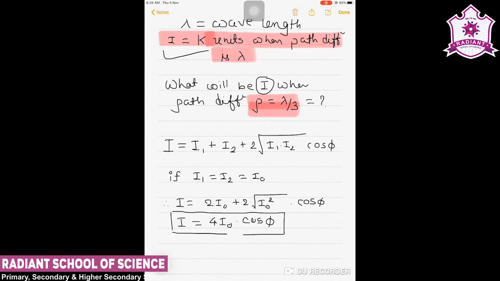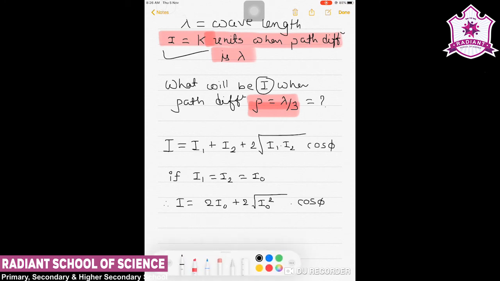Sorry, this is not the case, here we have put the wrong equation, it is not a multiplication. So this would be like 2I0 into 1 plus cos phi. This will be the resultant intensity I.